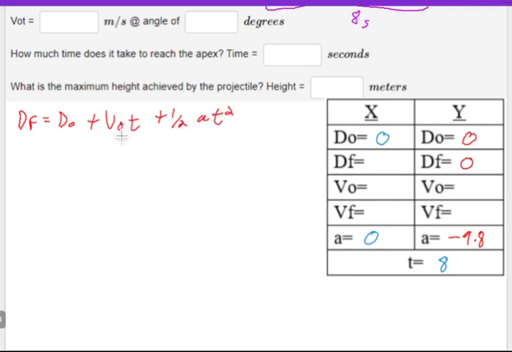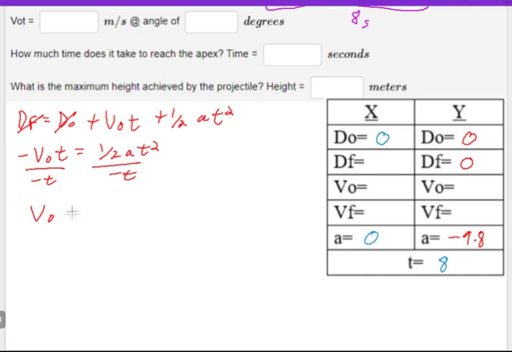So I need to solve for vo here, so let me cancel out whatever's 0. This is 0, this is 0. I'm going to manipulate the variables first and then plug in my numbers. So I'll subtract vo to the other side, so negative vo times t is equal to 1/2 at squared. I've got to get VO by itself, so I'm going to divide by negative t.